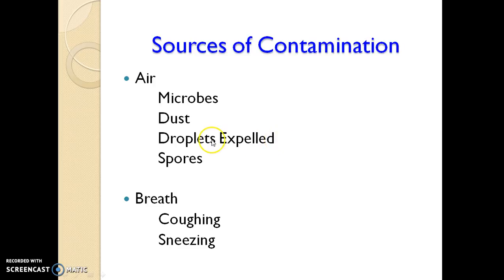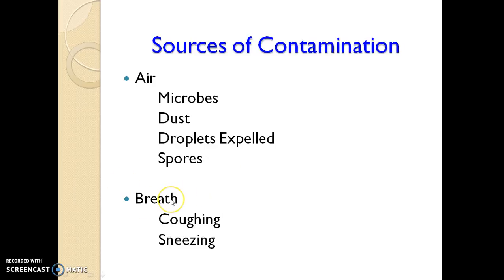The bigger droplets get settled down, but the smaller ones get solidified and remain in the atmosphere itself, dispersed, causing contamination. Then the spores of fungi as well as bacteria also remain in air and thus remain as a possible source of potential contaminant.